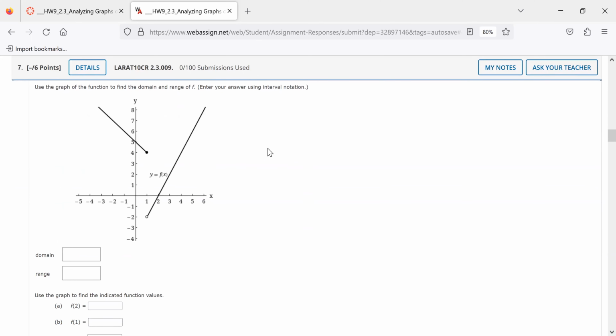Think of these piecewise functions, or piecewise function. What's the domain here?